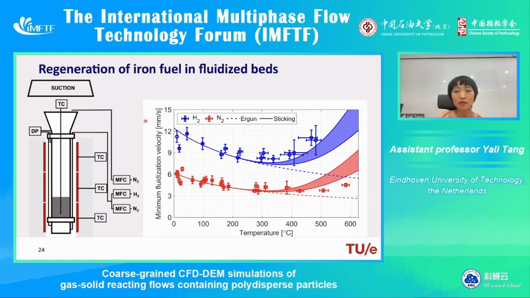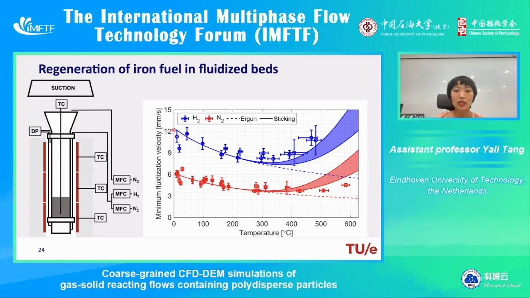The first thing we did is to measure the minimum fluidization velocity at different temperatures. This is the result we plotted in this figure. The blue symbols are the experiment results under pure hydrogen condition, and the red are under the pure nitrogen condition.